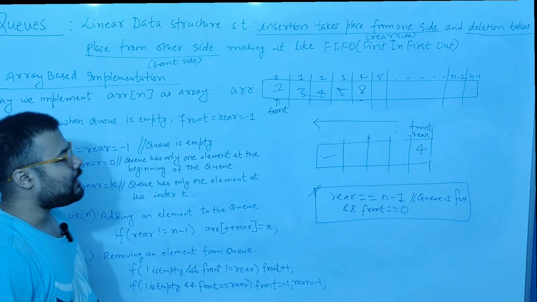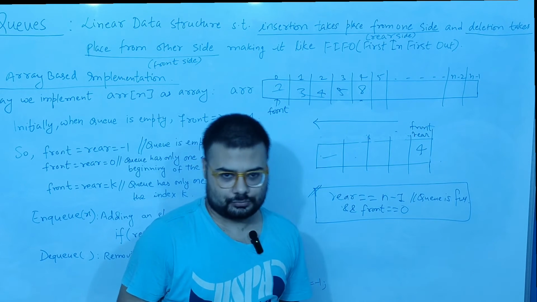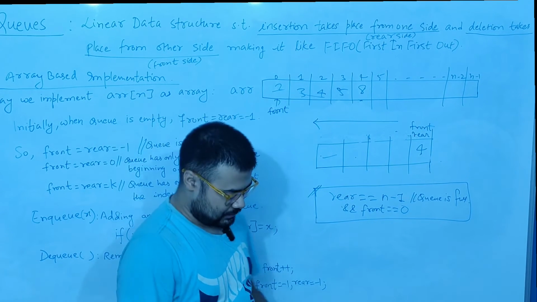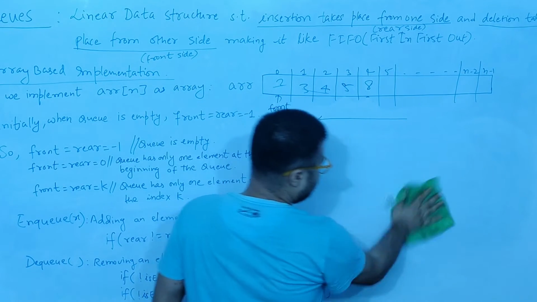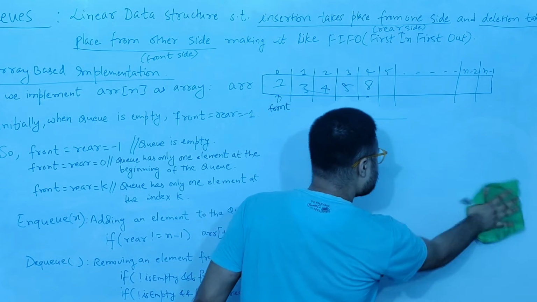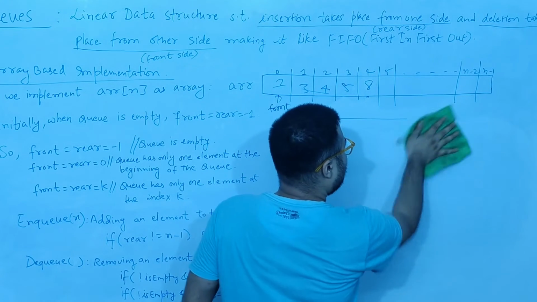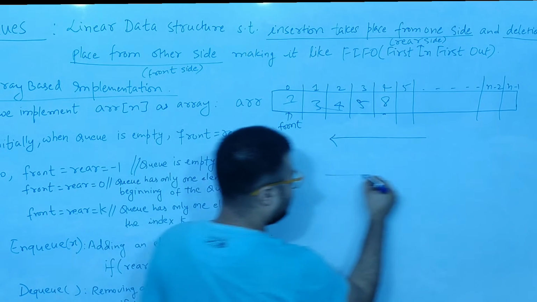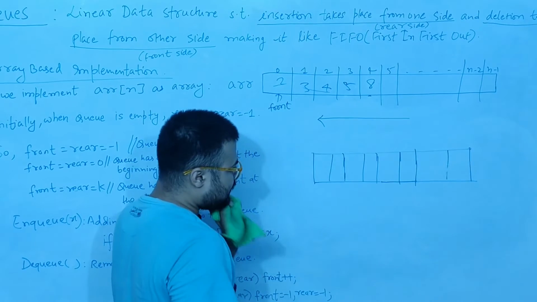And when you have to dequeue, it means that you have to remove an element of the array. Before I explain how to dequeue an element, just see what the front and rear could be at any point of time. Let's say this is your array.